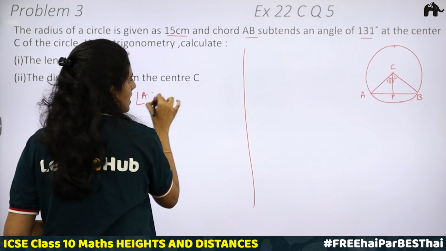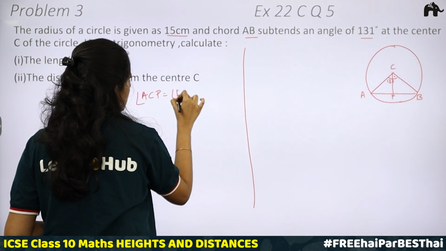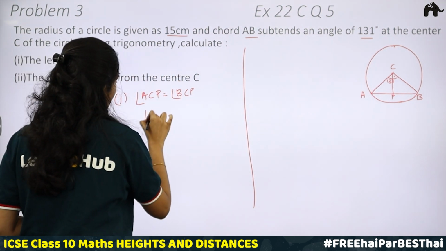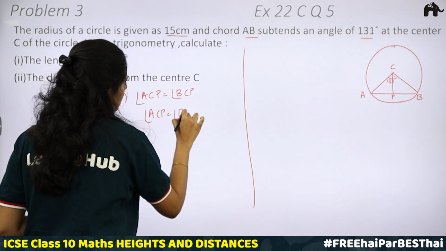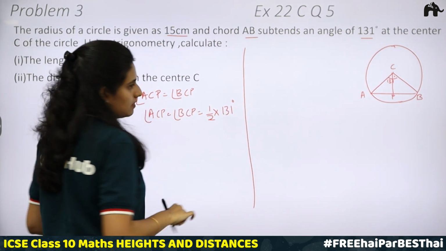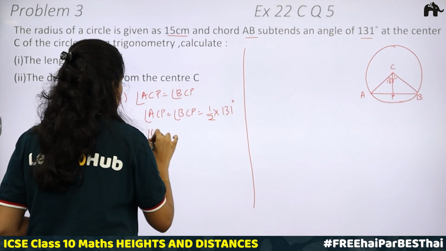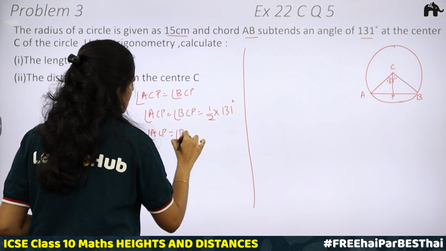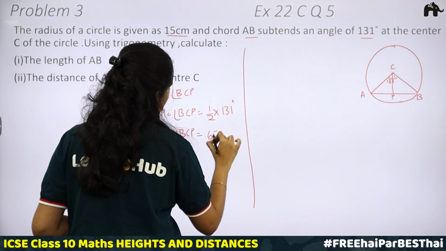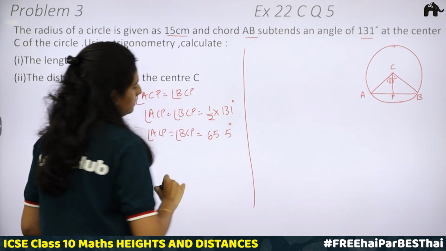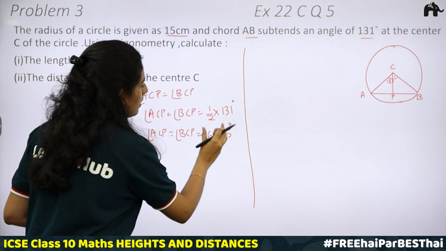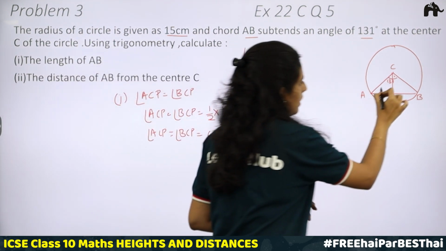They are equal, therefore angle ACP equal to angle BCP equal to half of 131 degrees, which is 65.5 degrees.